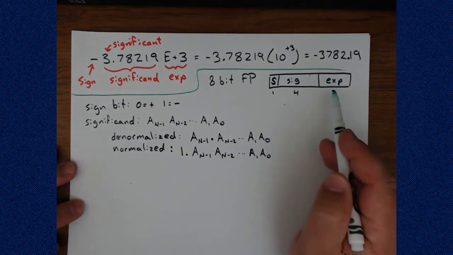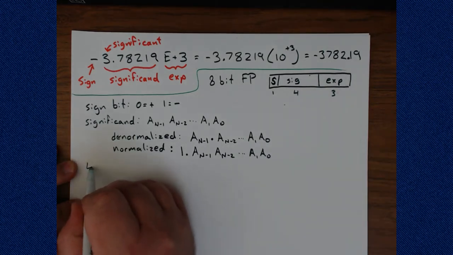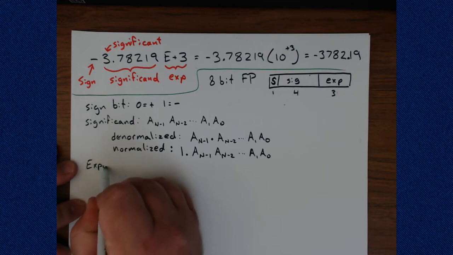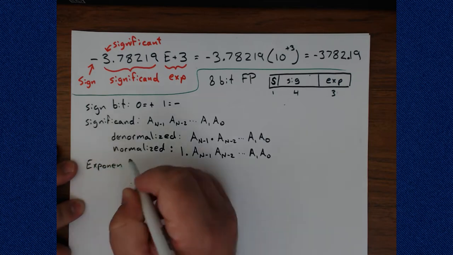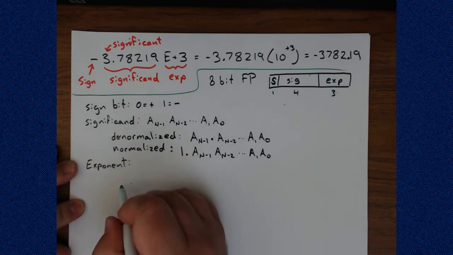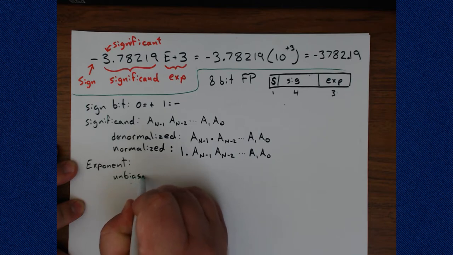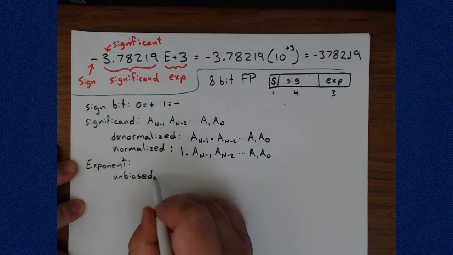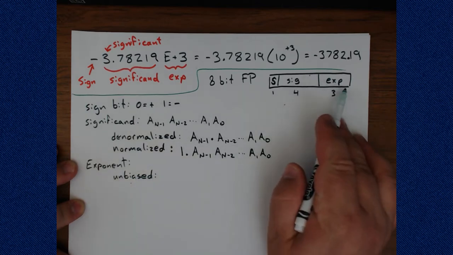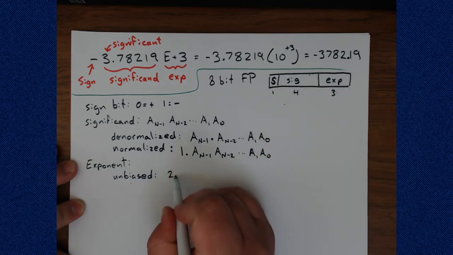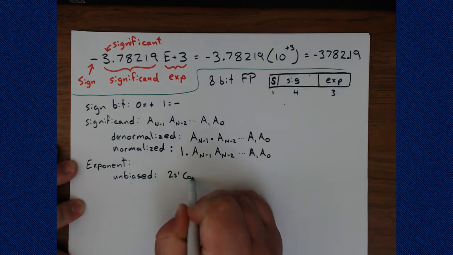All right, then there is the exponent field. And there are 2 basic ways that the exponent can be dealt with. So with the exponent, the first way, and probably the most natural, is to use an unbiased form. So in an unbiased form, we basically just treat all these bits as if it was a 2's complement number.